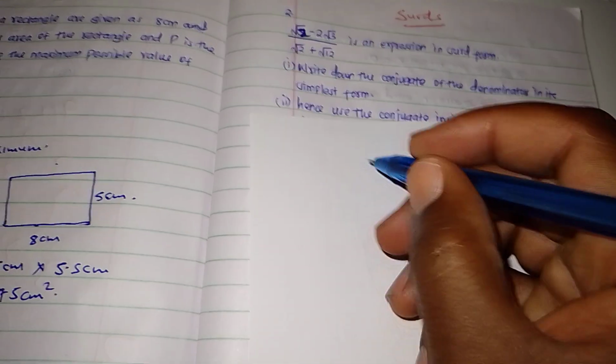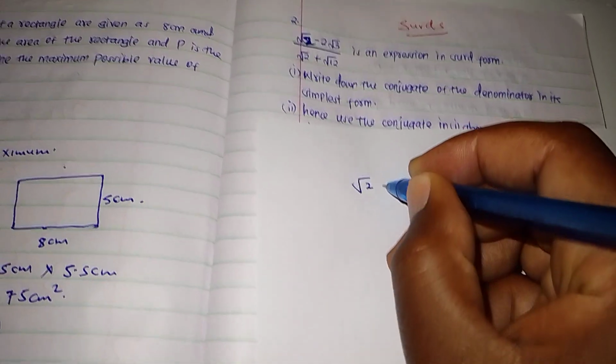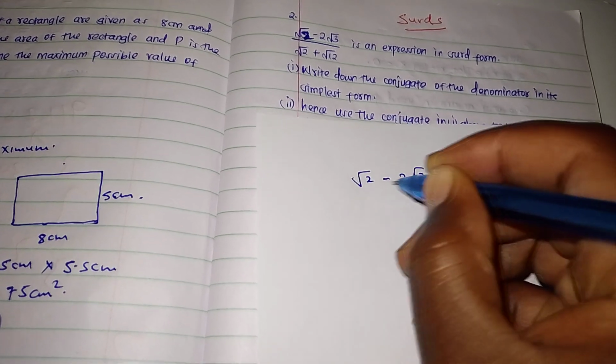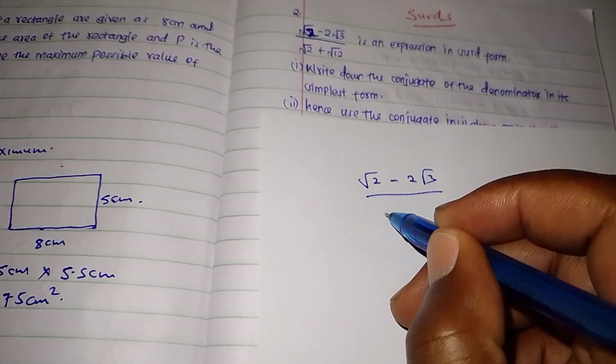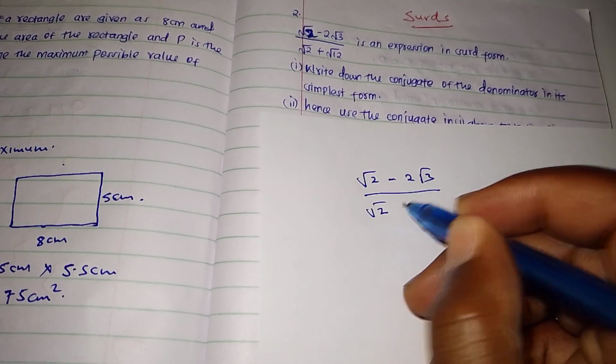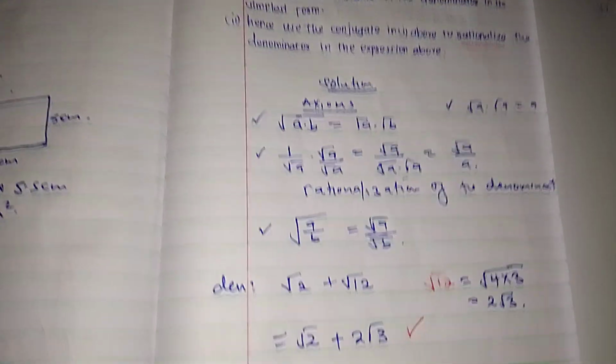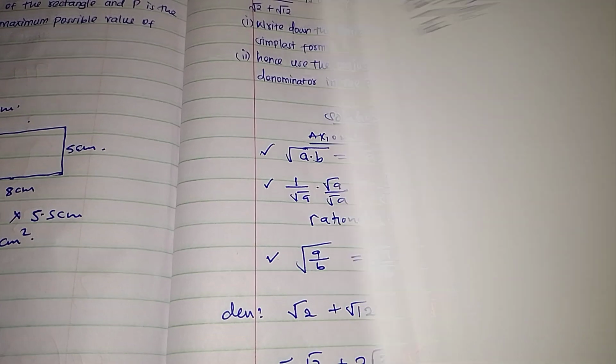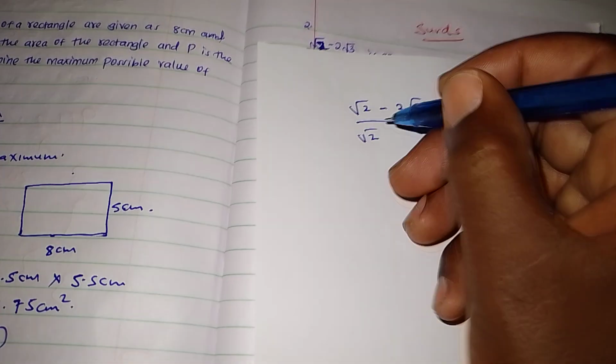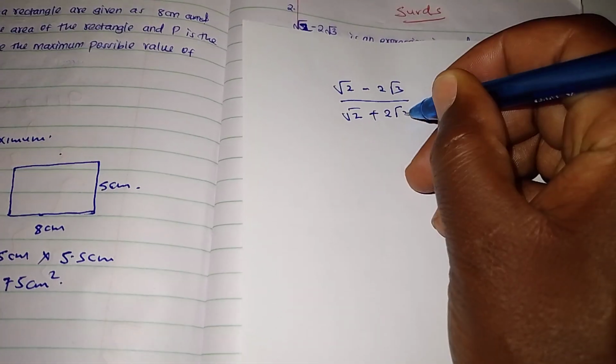We have root 2 minus 2 root 3 all over root 2. Now instead of writing plus root 12, we are going to have what we obtained here, plus 2 root 3.